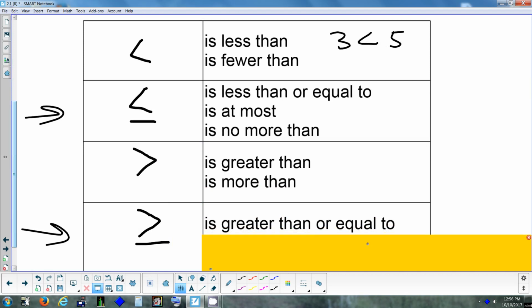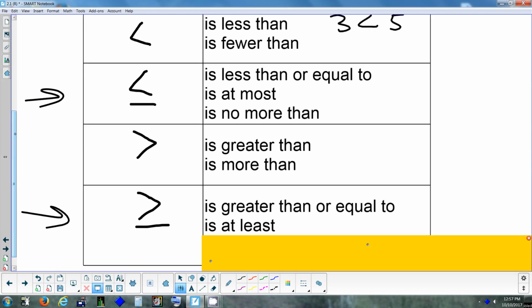Instead of saying is at most, you'd have to say at least. Like if I said to you, in order to pass, you need to get at least a 60. Does that mean you have to get exactly 60? No. At least 60 means a 60 or higher, right? Greater than or equal to 60.